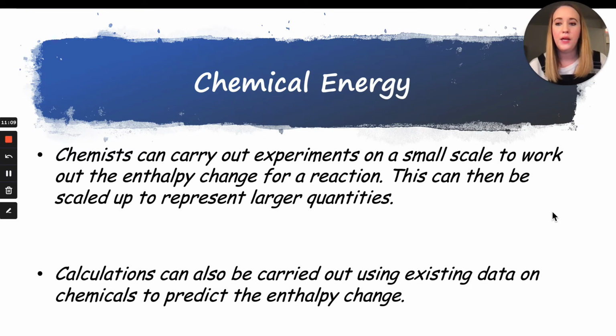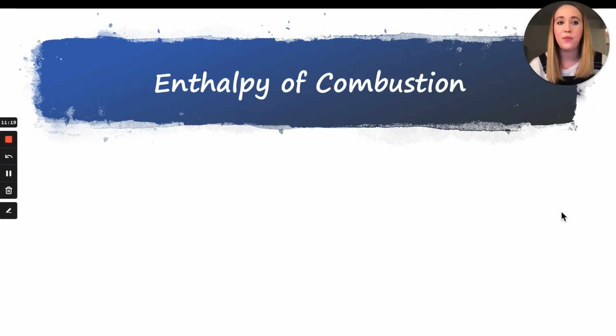Okay, so one of the experiments we can do, or one of the things we can work out for a reaction, is what's known as the enthalpy of combustion. Combustion reactions, burning a substance, reacting it with oxygen, are really, really common chemical reactions, and they're fairly simple to carry out in the lab as well.